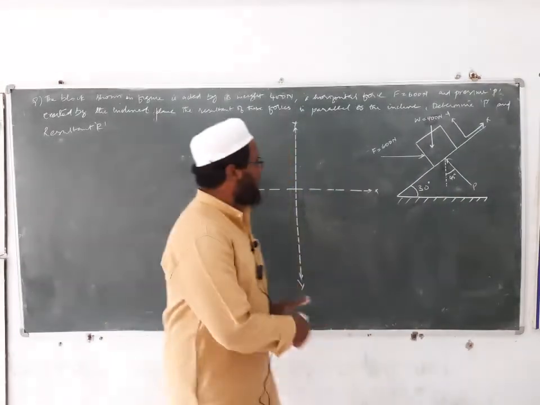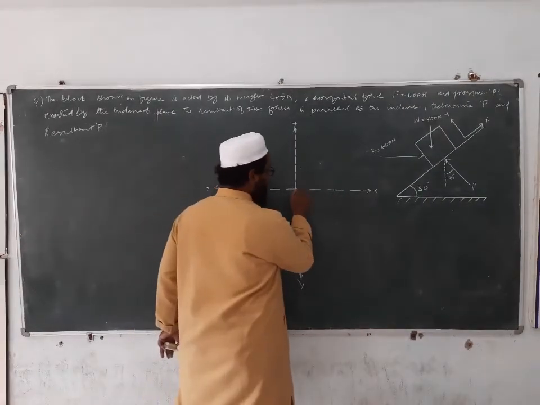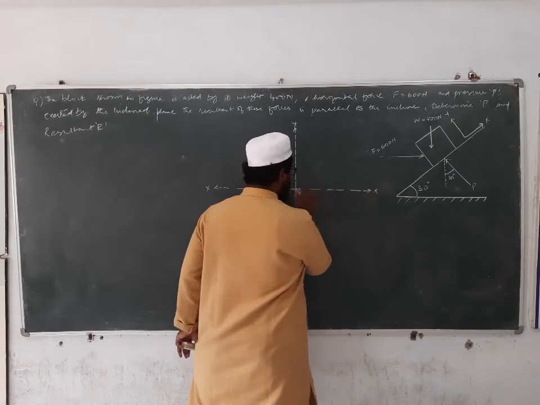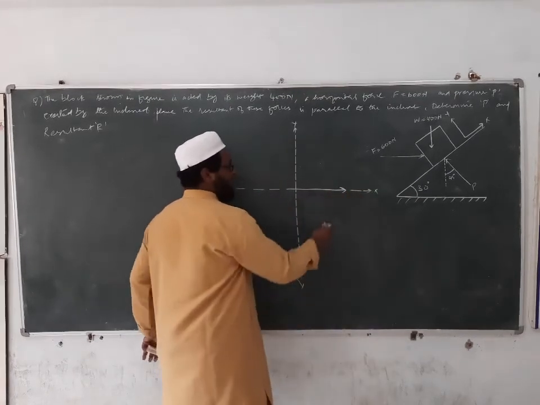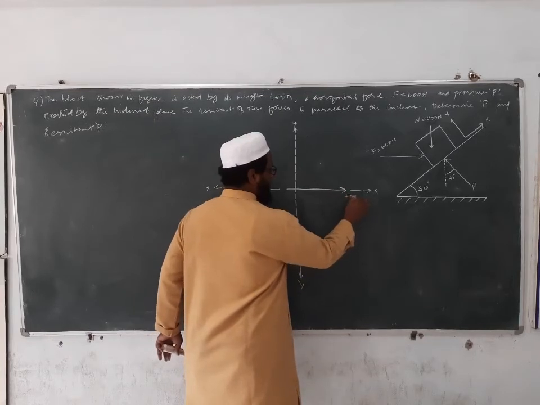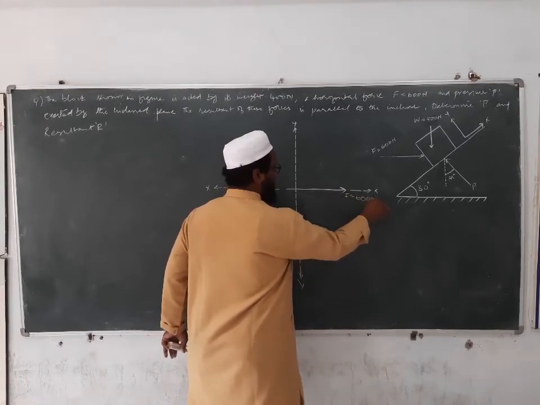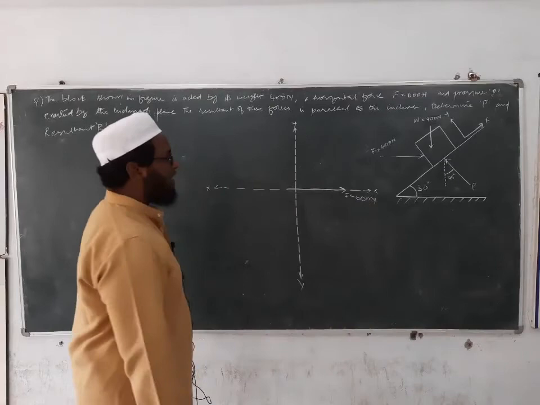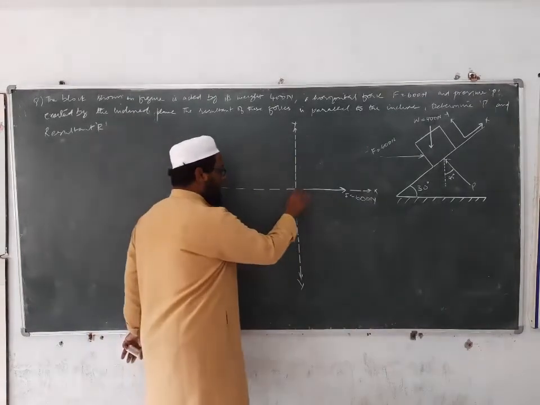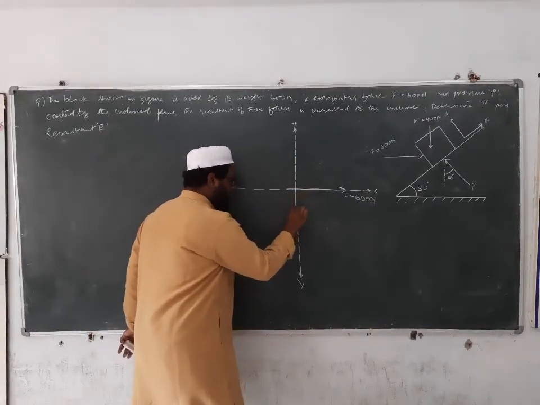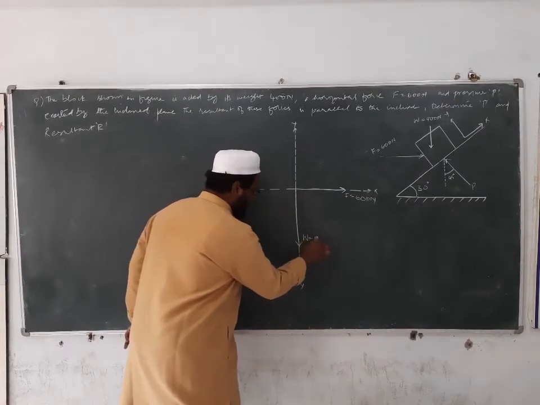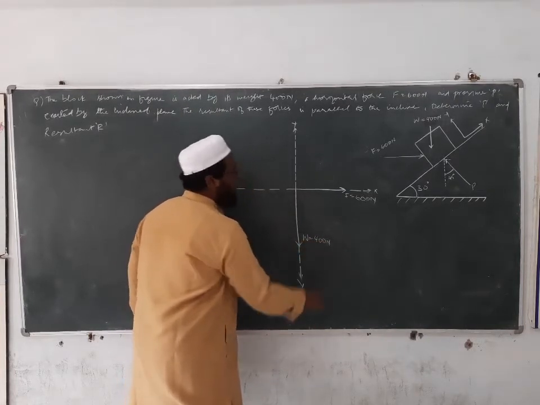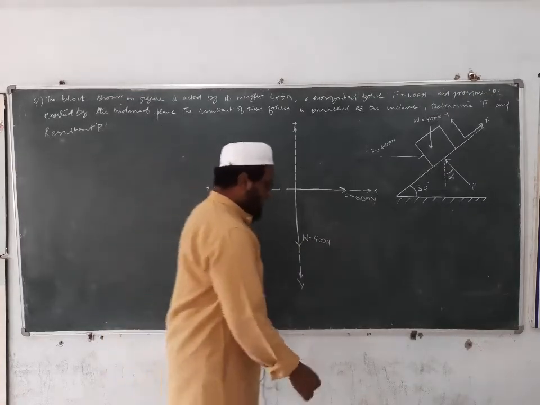We have one force going in x direction, that is F. F is how much? 600 Newton. Next we have one more force, W, going in downward direction. This is W, 400 Newton.